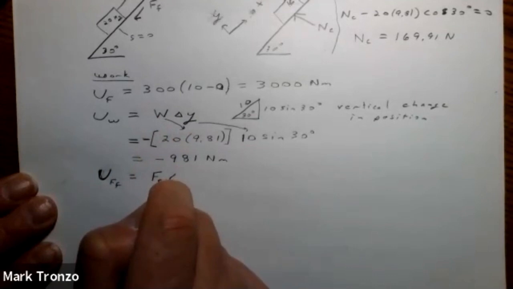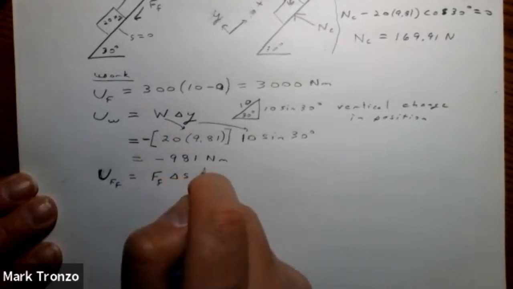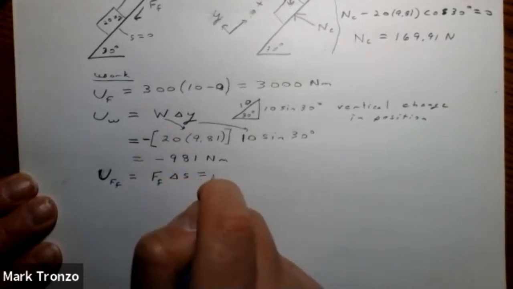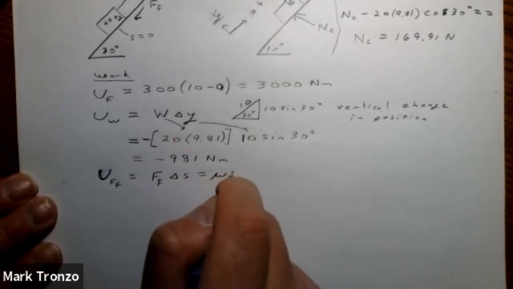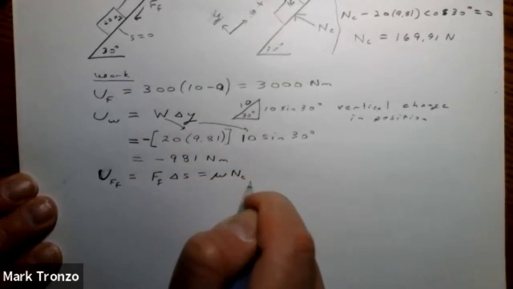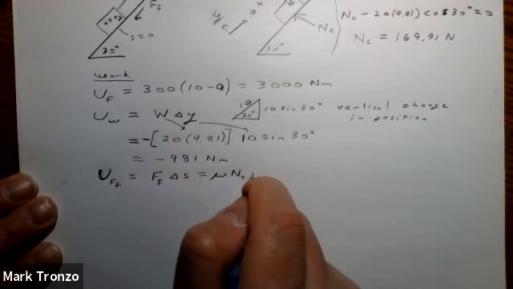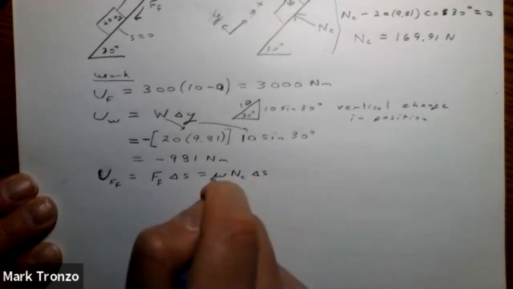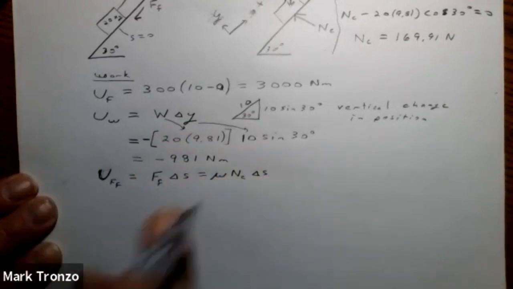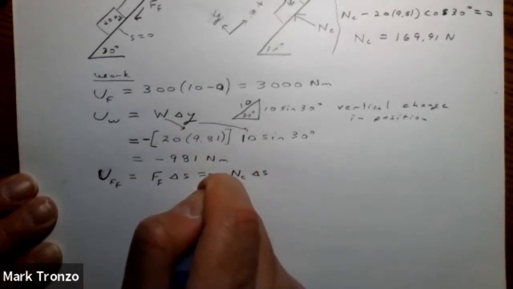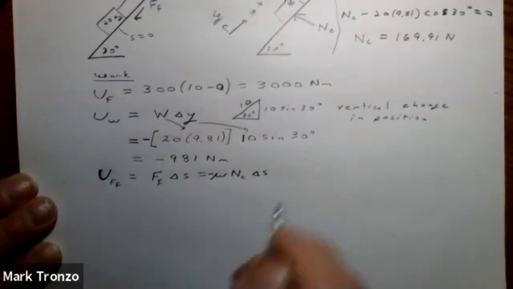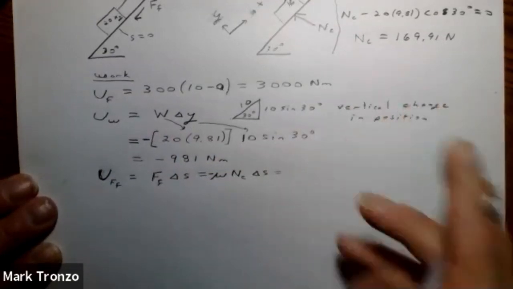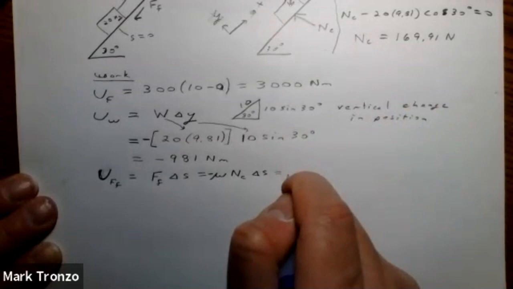So in this case, it's going to be delta S. And of course, that's going to be mu times our normal times the path. And we should remember it's going to almost always be negative, right? Because it's always going to oppose the movement of the object.